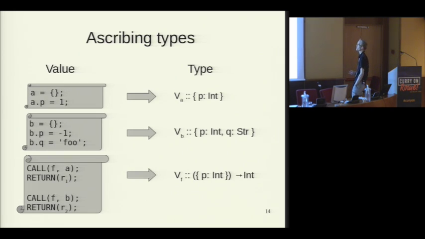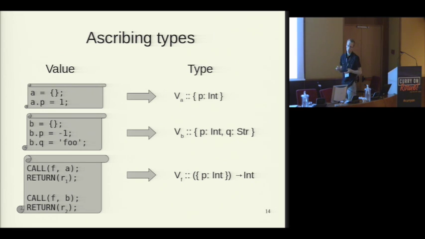So the next phase is that we want to ascribe a type to the values of this trace. And this is in some sense what replaces the need for manual type annotations or a complex type inference. For the A object, a reasonable type ascription is that it's an object with a p property of type integer.